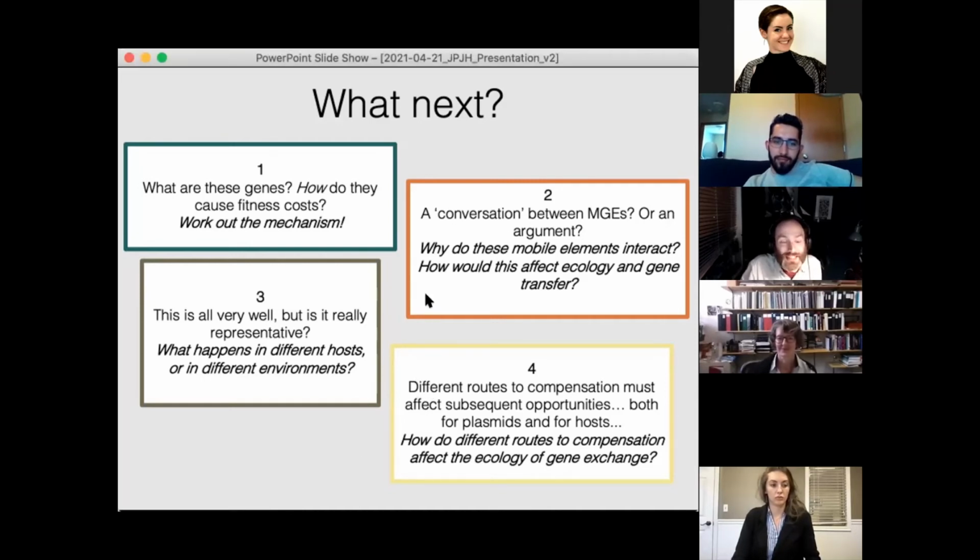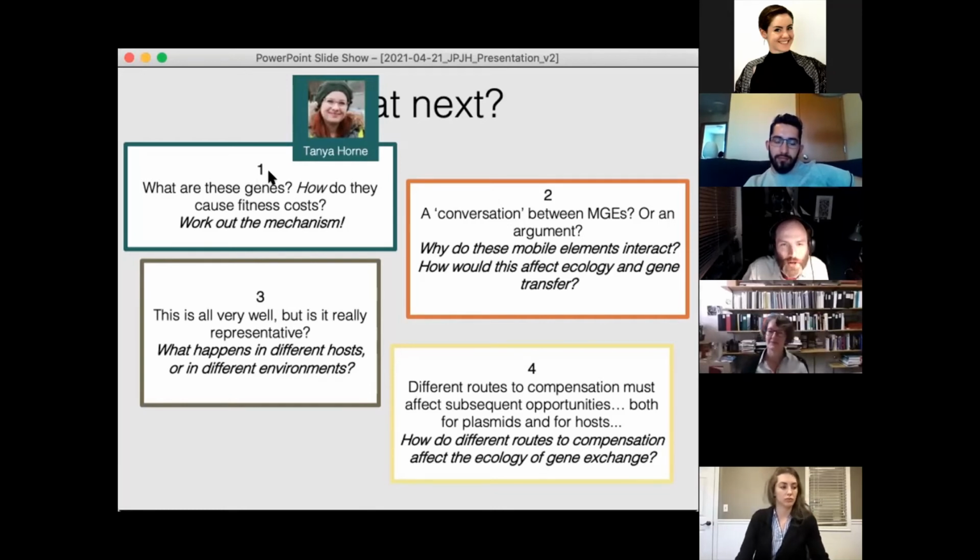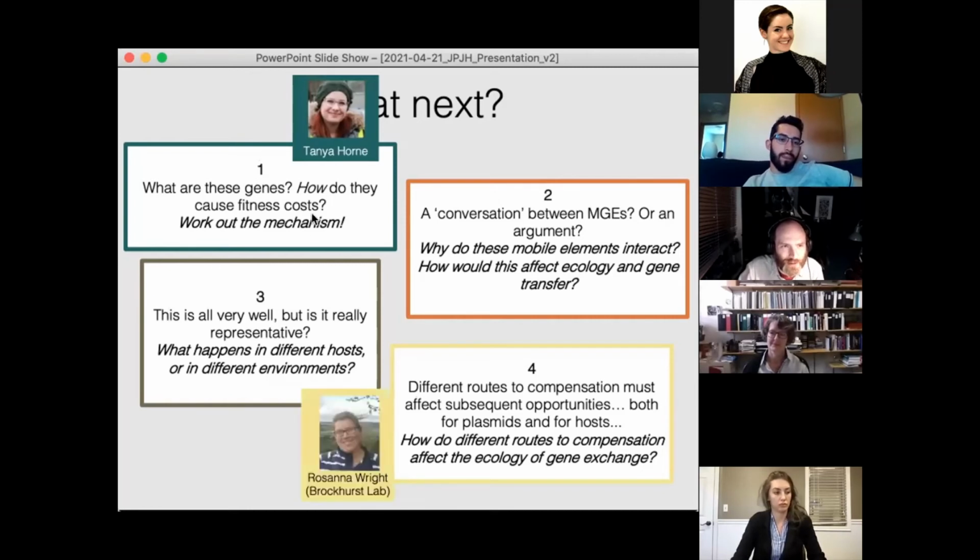So all of these things are actually happening. So I've got my first PhD student, Tanya Horn. She's going to be delving into what this gene of unknown function, PFLU4242, is actually doing and how it causes these conflicts. Rosanna Wright, who's a postdoc who's carried on a project with Mike, who's over in Manchester, has been following up this question of different routes to compensation.